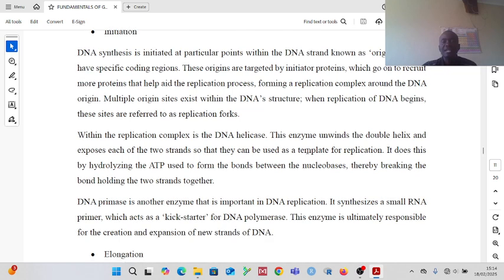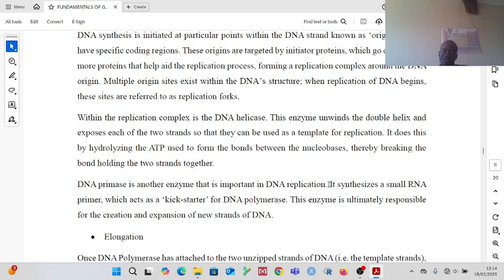The DNA helicase helps in unwinding the double helix of the DNA. By unwinding this double helix, by opening it up, it exposes each of the 2 strands so that they can be used as templates for replication.